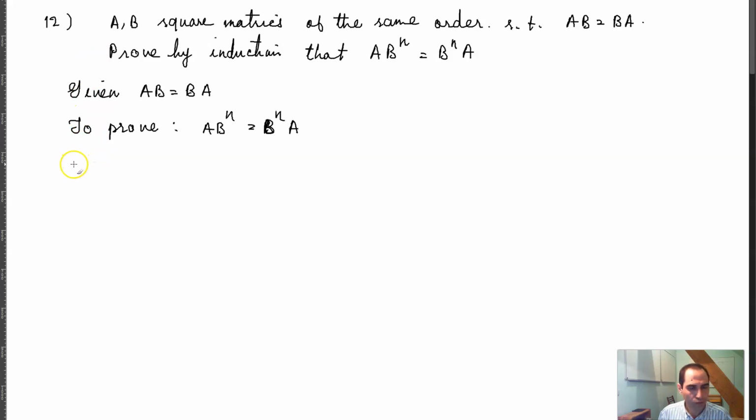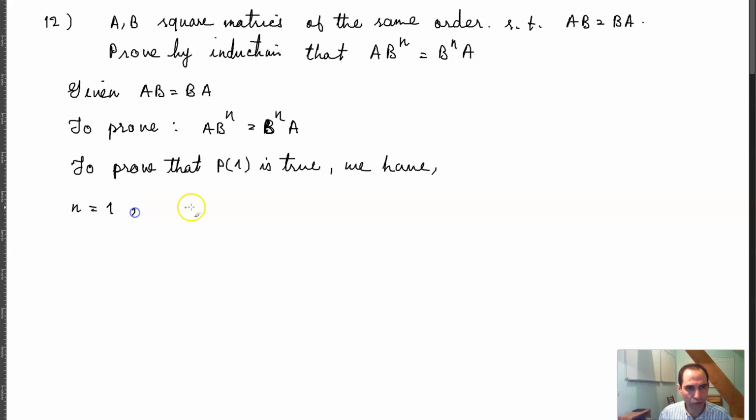So to prove that P of 1 is true, in this statement, if I set n equal to 1, then it becomes A times B raised to the power 1 is equal to B raised to the power 1 times A, which means that AB is equal to BA.